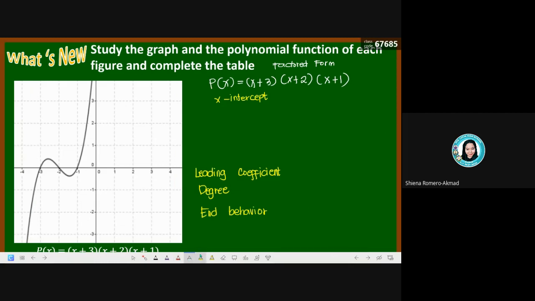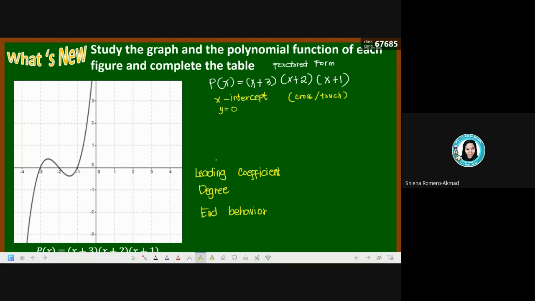Or in other words, cross or touch. Mamaya maintindihan nyo ano yung cross, ano yung touch. Kailan malalaman nagko-cross yung graph, kailan malalaman nagta-touch yung graph. Okay? So, we have to identify the x-intercept, and for you to identify that, dapat yung y natin is 0.